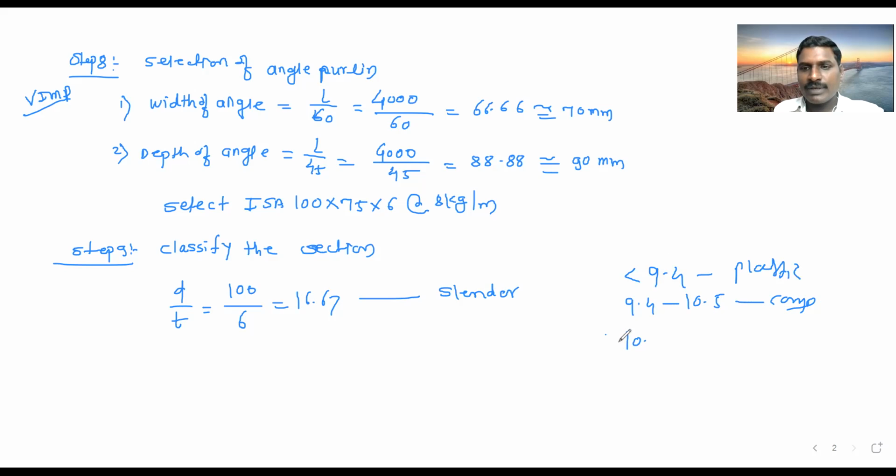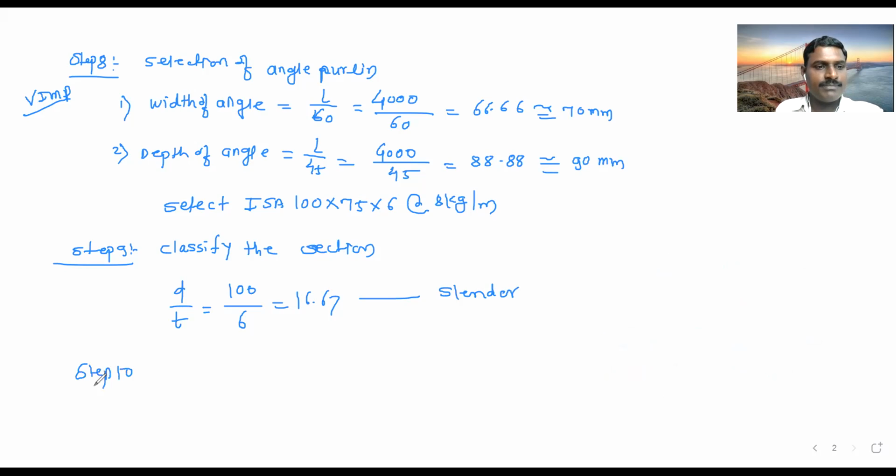Greater than 10.5 up to 15 is semi compact, and greater than 15 it is slender. So this comes in this category, slender. So this is the classification. This is for the angle section we have taken. So D by T. Okay. So this is the classification.